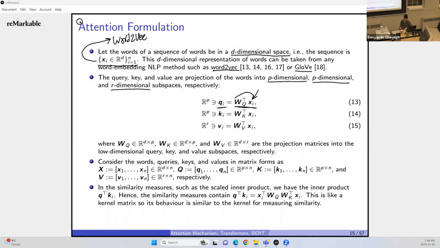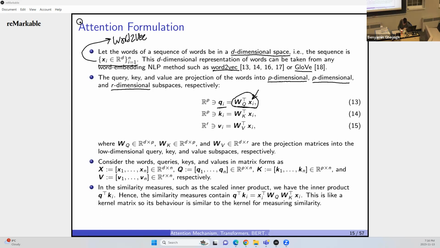Recall preliminaries. It's the projection of xi onto the column space of matrix WQ. And this matrix, you can see as one dense layer of a neural network. Do you remember? We talked about it. Every fully connected layer can be seen as a linear projection before the activation function. So you can see each of these as one layer of a fully connected neural network.